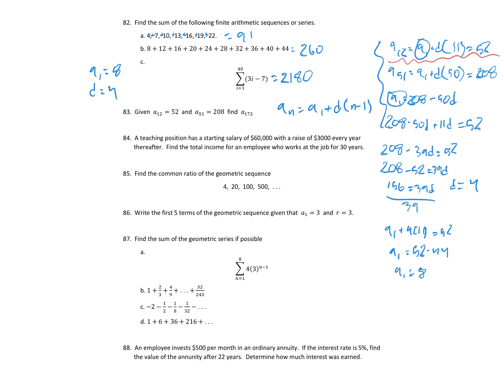So what about then A172? Well, we'll use this formula right here again. So A172 equals 8 plus 4 times 172 minus 1. So this is 8 plus 4 times 171.